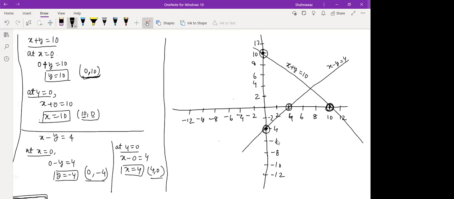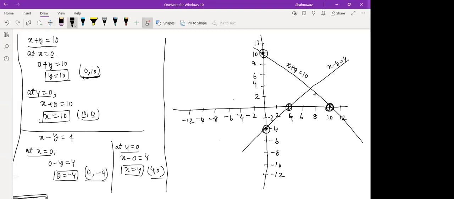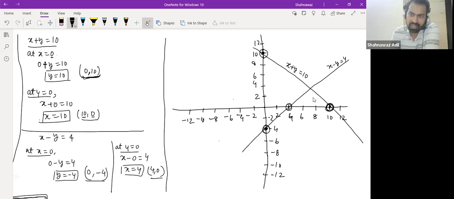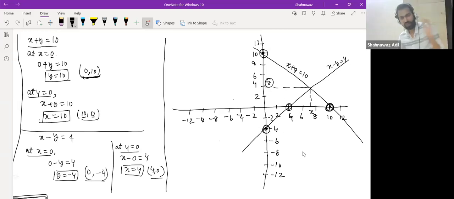This is an intersecting point, right? So this will have a solution, and on this graph we can see that this is the value of x, and this is the value of y.